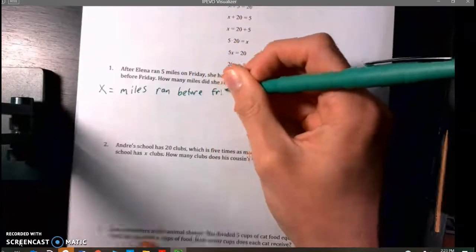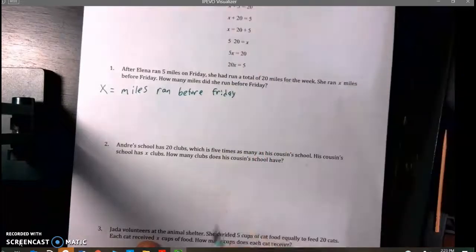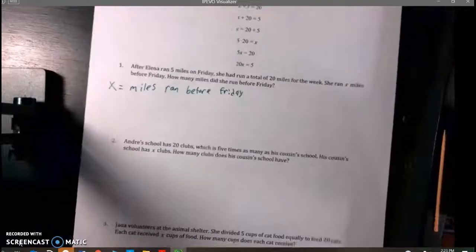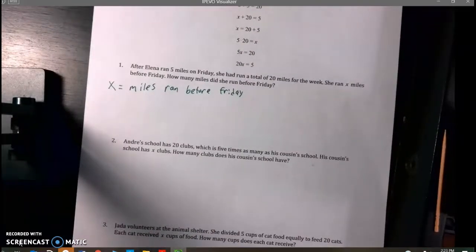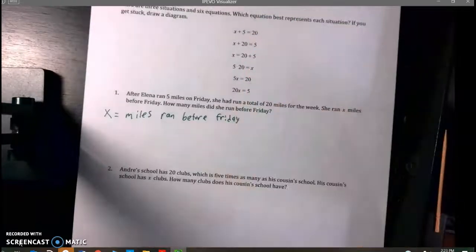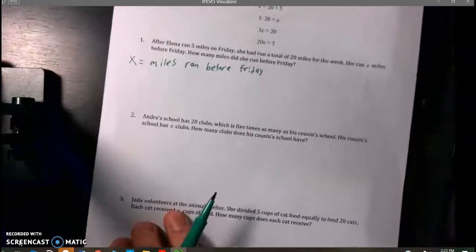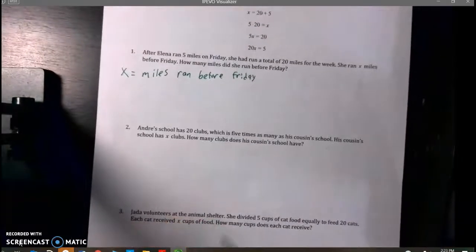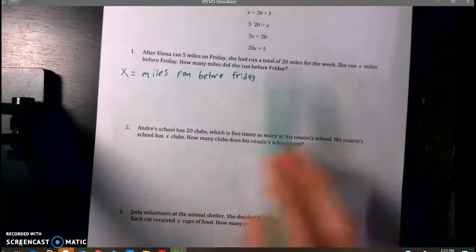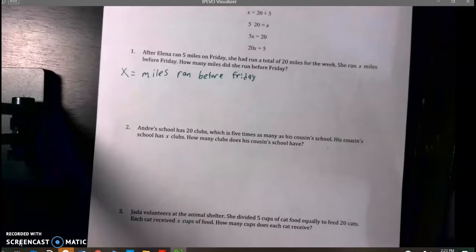So it's always important to make a key that labels what your variable means in that situation. Because you can see in all of these, there's X in all of these, but for each problem, X is going to be representing something different, something else. So in this situation, X is the miles before Friday.